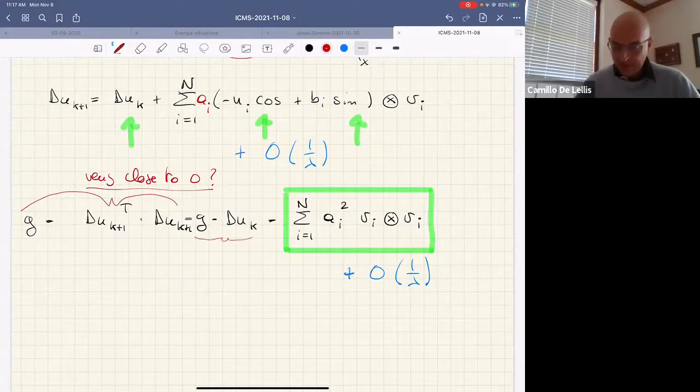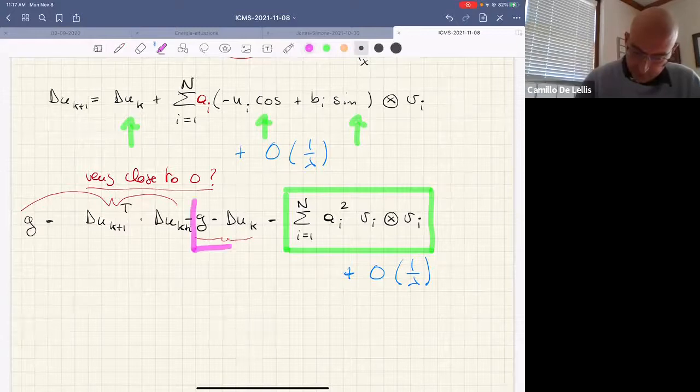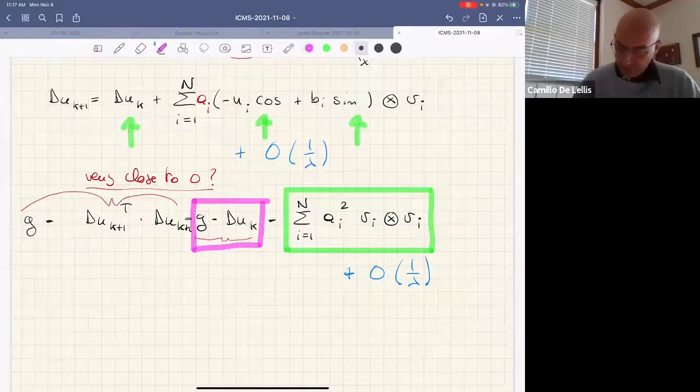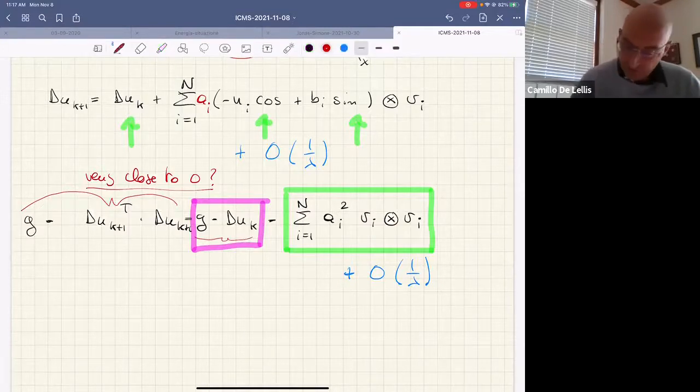In other words, if I choose the green part in such a way that it's equal to the purple part, then that part will be equal to 0, and then I have this perturbation, which is 1 over lambda, which I can make very, very small simply by choosing lambda very large. Notice that this one is totally independent of lambda.